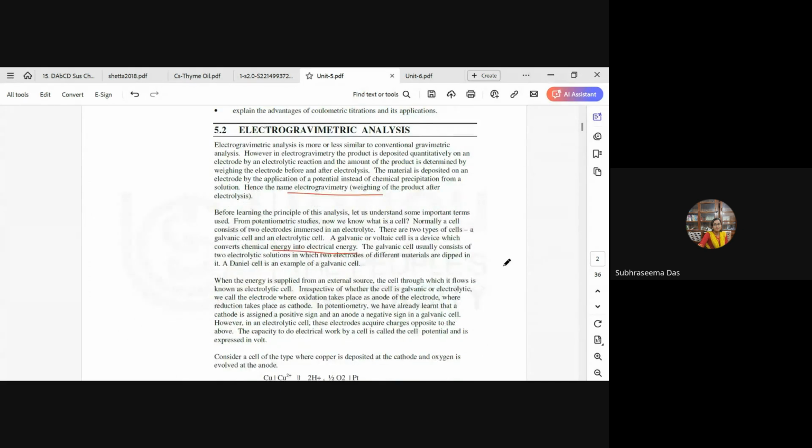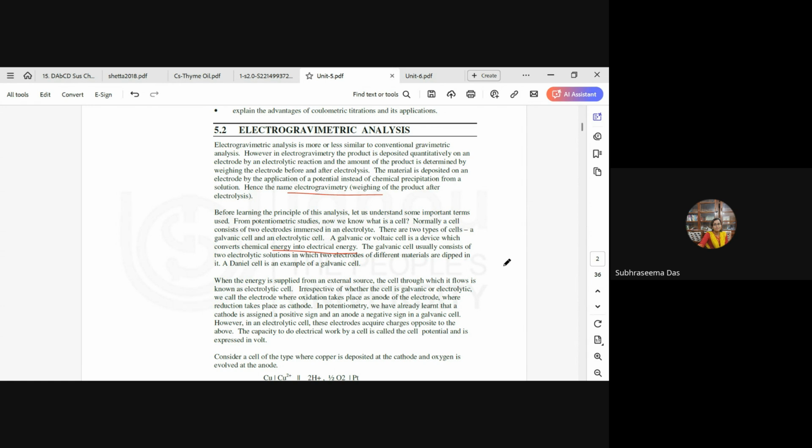When energy is supplied from an external source, the cell through which it flows is called an electrolytic cell. Irrespective of whether the cell is galvanic or electrolytic, the electrode where oxidation takes place is always called the anode, and where reduction takes place is always called the cathode.